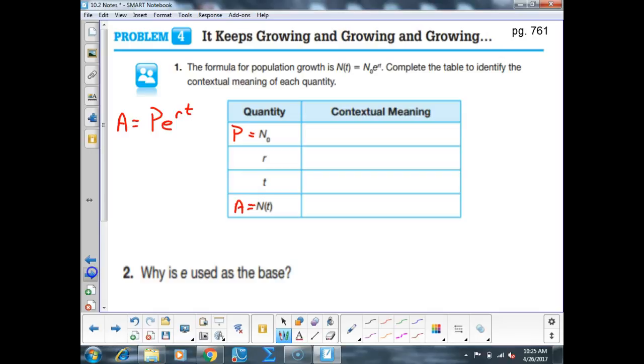And n sub 0 is P. So E is E. Oh, that's right, it's the same one as this. Yeah, E is E. It's not a variable anymore. It's E. So what this means is, P or n sub 0, that's going to be your starting amount.